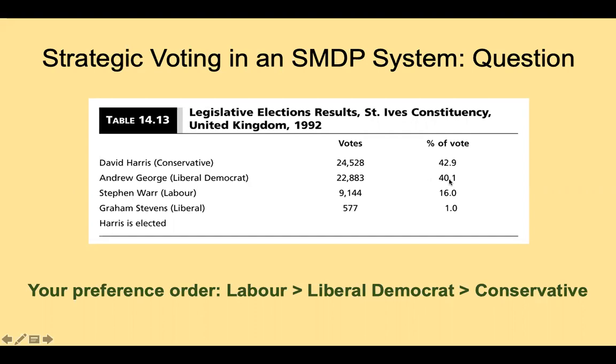It's neck and neck. It's close. I mean, the Conservative wins ultimately. But going into the election, it's a toss-up. We prefer the Liberal Democrat over the Conservative. So we're going to vote for the Liberal Democrat. We eliminate the Labor candidate because they don't have a reasonably good chance of winning. The party or the candidate we prefer that has the most realistic chance of winning is the Liberal Democrat.